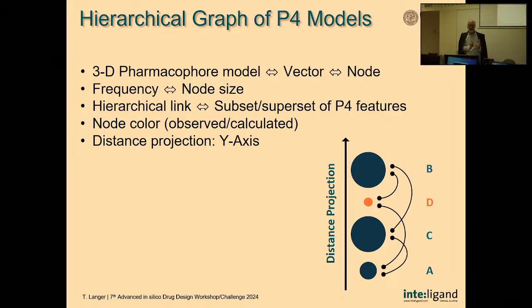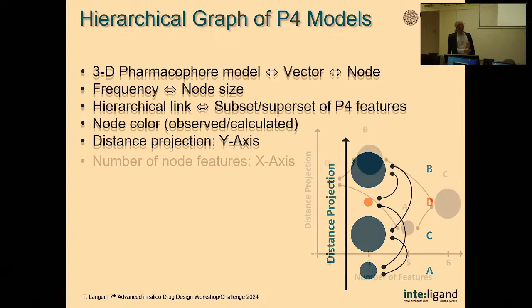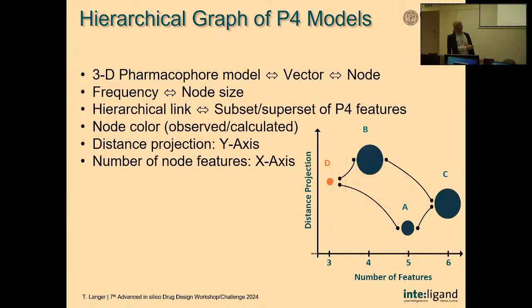Again, we can project it on this y-axis, and then we can make a nice diagram where we additionally plot the number of features on the x-axis, and on the y-axis we have the distance projection.